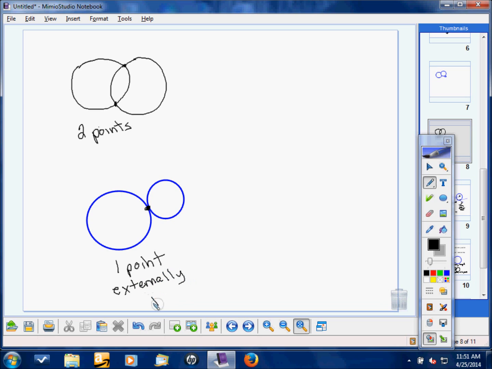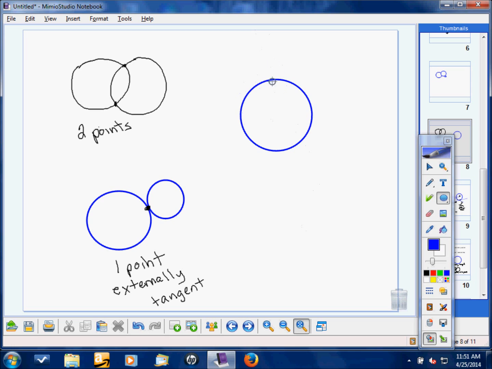What would the top one be? There's no special name for them, they're just when it intersects in 2 points. There's another thing that might happen. If this is externally tangent, what do you think would be internally tangent? How would the second circle be drawn?